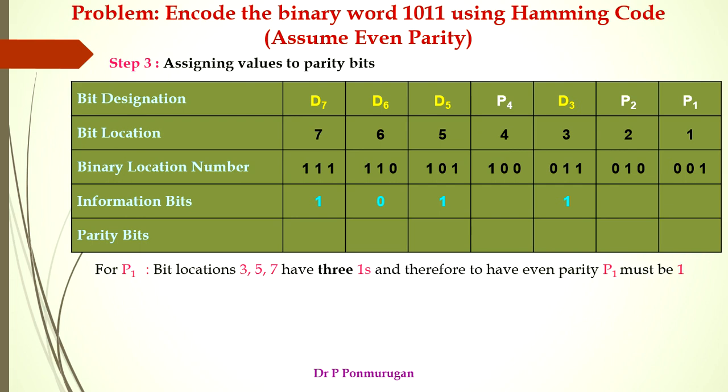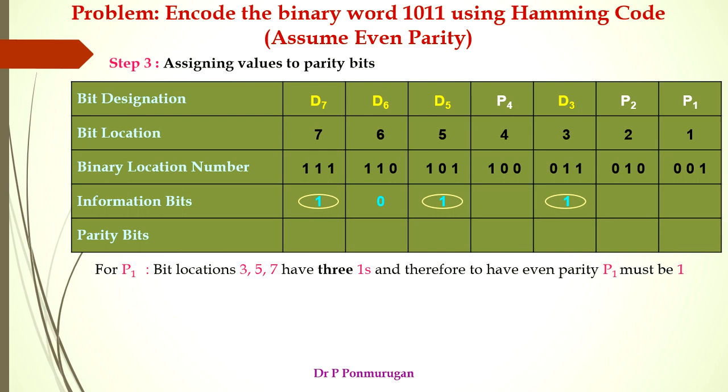For P1, we have to check bit locations 1, 3, 5 and 7 such that they have ones satisfying even parity. Since we are calculating for P1, we take the bits 3, 5 and 7. In D3 we have a 1, D5 also 1, and D7 also has a 1.